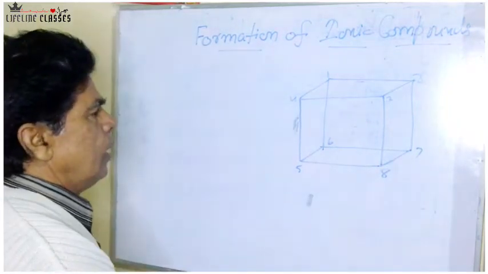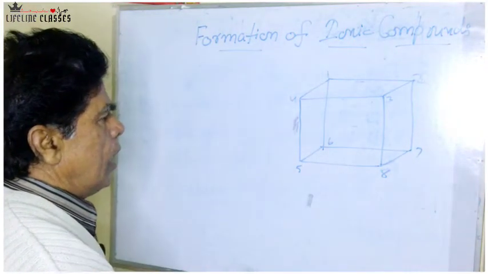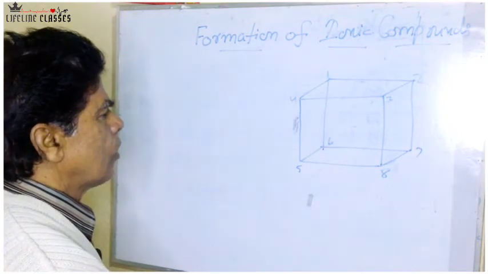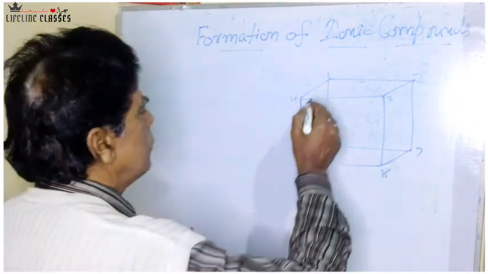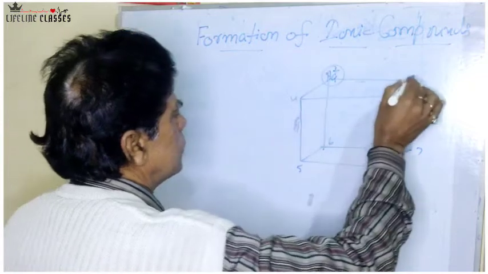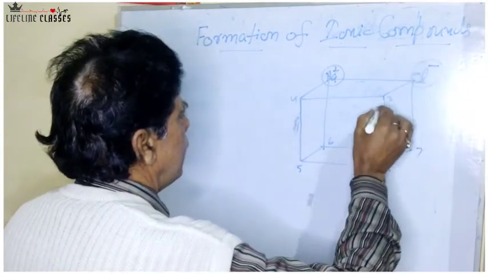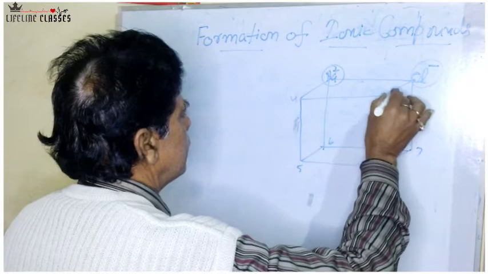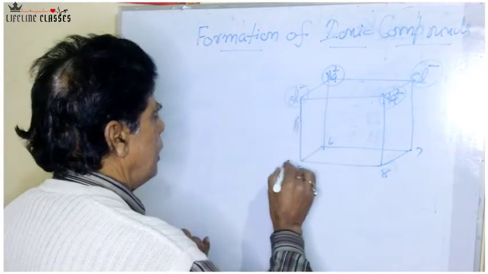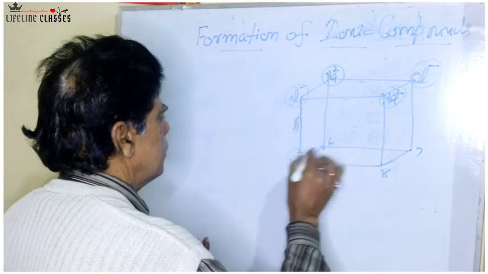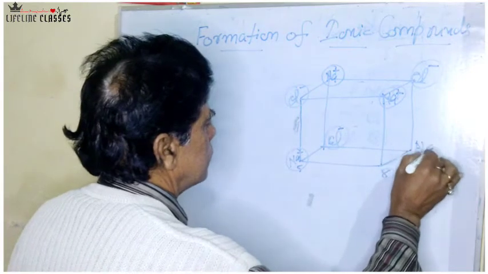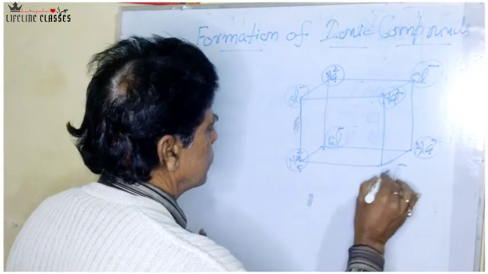If we arrange Na+ and Cl− ions at alternate corners of this cubic crystal, then you will have Na+, Cl−, Na+, Cl−, Na+, Cl−, Na+, Cl−.